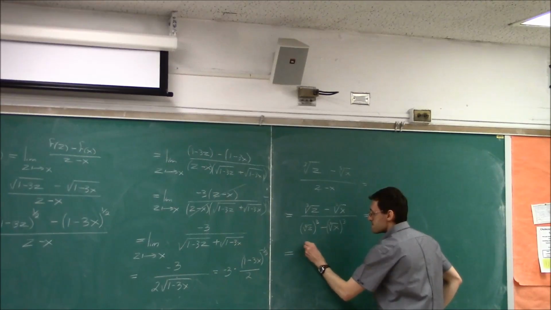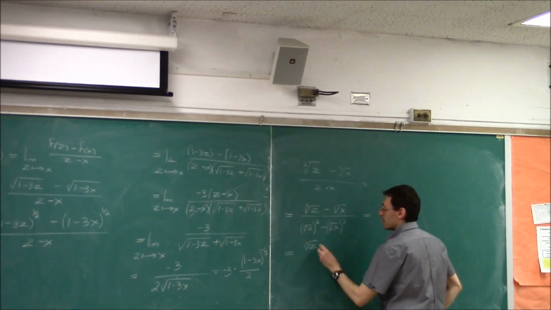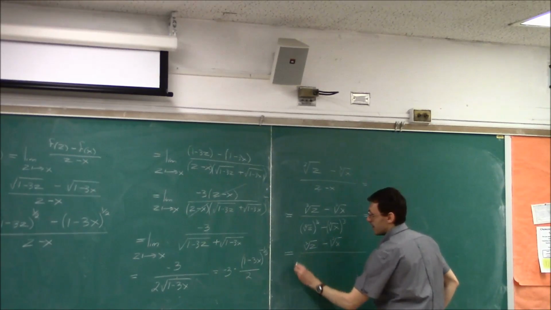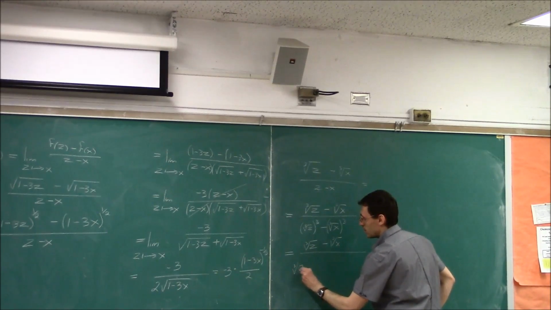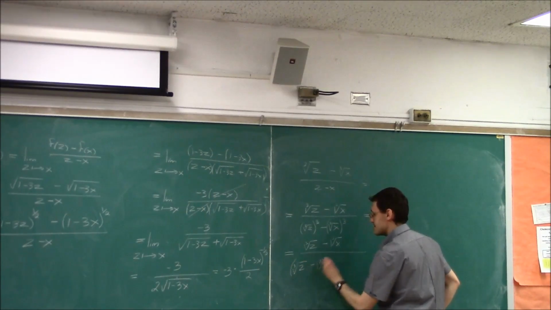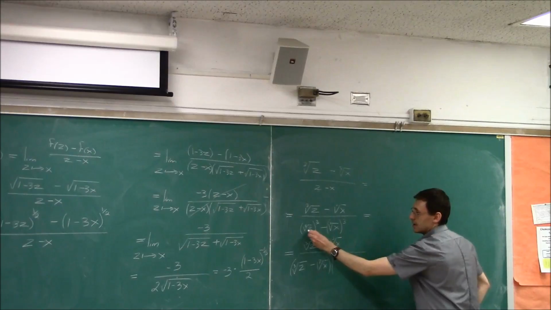So that would be the cube root of z minus the cube root of x divided by the cube root of z minus the cube root of x times the cube factor.